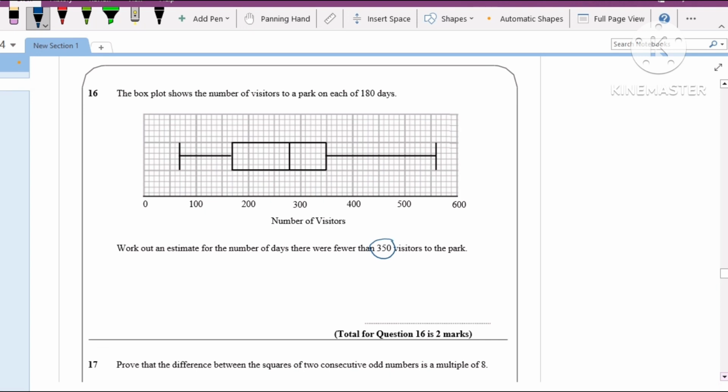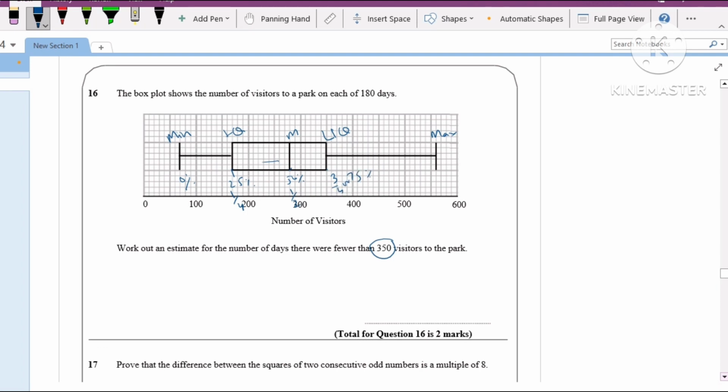For the whisker plot, this is the minimum value, this is the maximum value, this is the lower quartile, this is the upper quartile, and this is the median. In other words, this is 0%, this is 25% or 1/4. This is 50% of the data. It means till this point there are 50% of terms, half of the data. And here it is the third quarter or 75%.